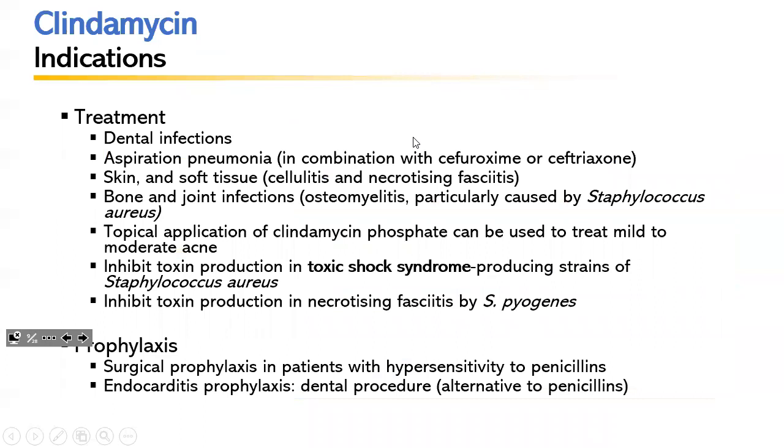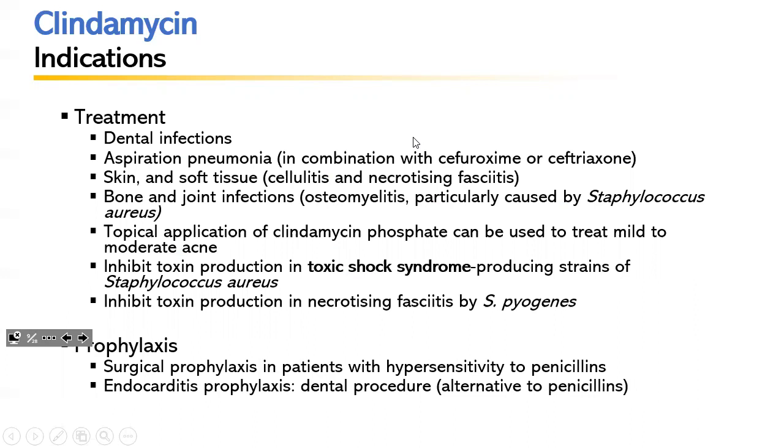Now, it could be used to treat dental infection, because many of the dental infections are in the oropharynx and cover staph, and also if there was a deep abscess in the gum, that will also contain anaerobic bacteria. So clindamycin could be an ideal treatment for dental abscess.